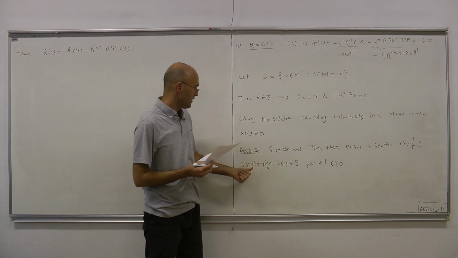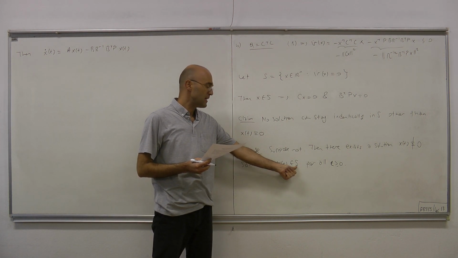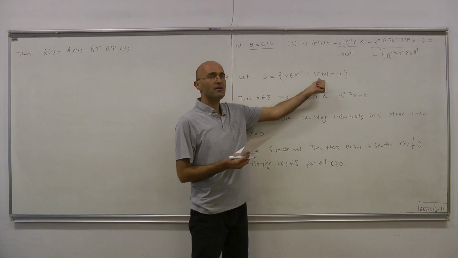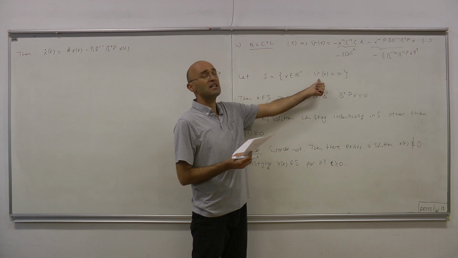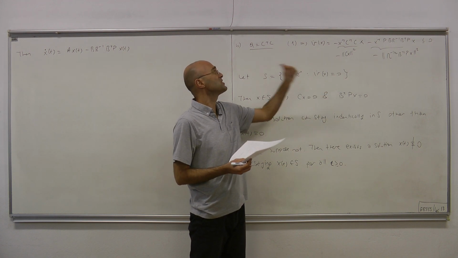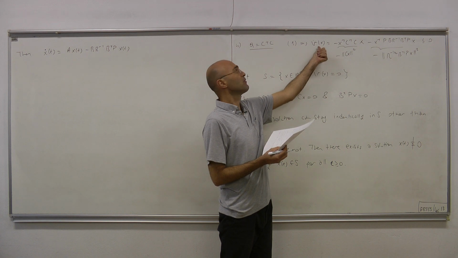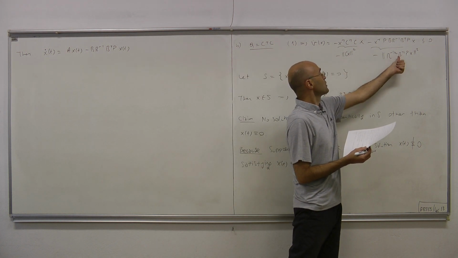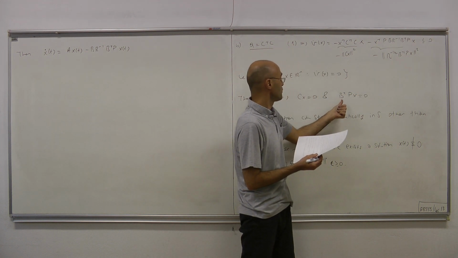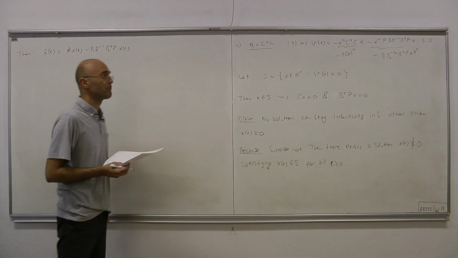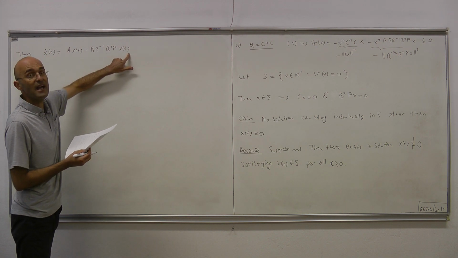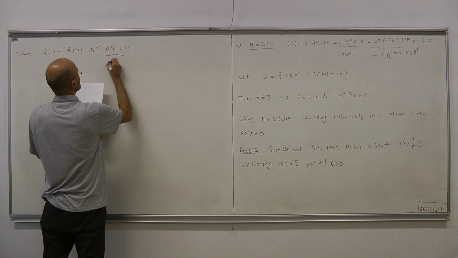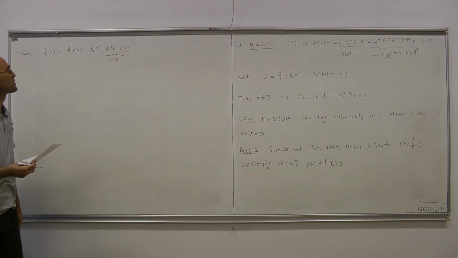Because we're talking about a solution that's in S for all times. If a solution is in S, by definition, V dot equals 0 for all times. V dot equals 0 for all times means, again, from the expression of V dot, that R inverse, this thing is 0. Or in other words, B transpose Px is 0. And here we have B transpose Px. Therefore, this term is 0 for all times.